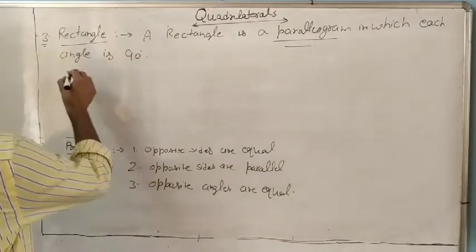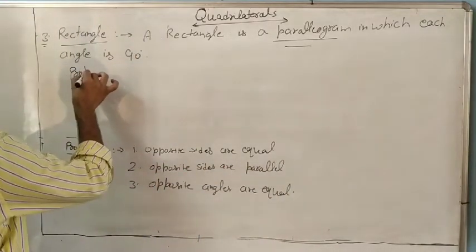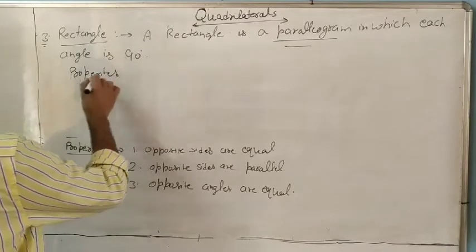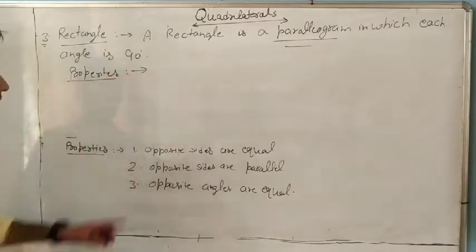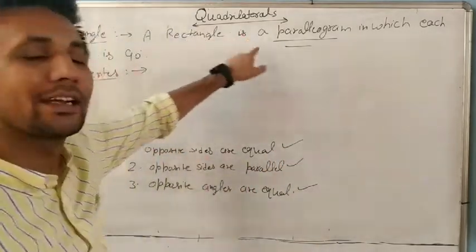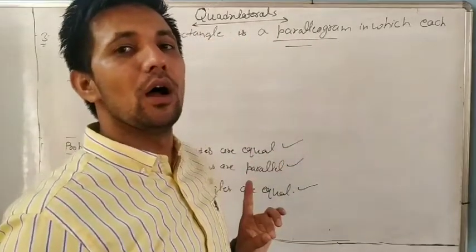So what will we write as its properties? All these three are the same: 1, 2, 3, because a rectangle is always a parallelogram.